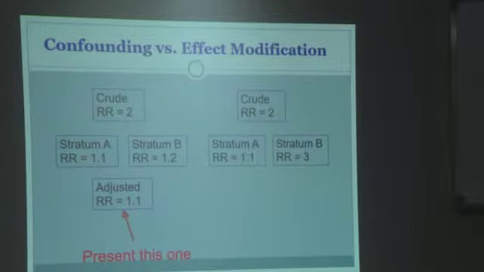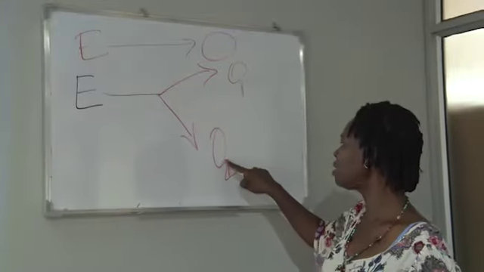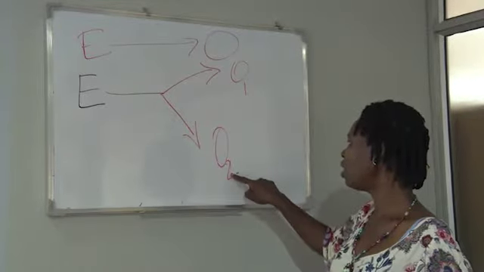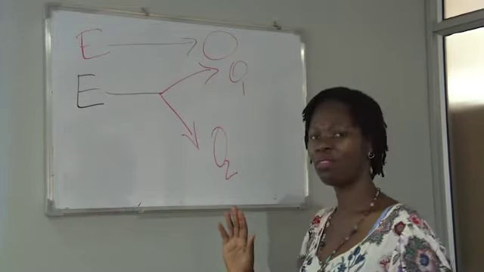Now, what about in the presence of effect measure modification? You do the crude, it is 2. You go down to the strata, the subgroups. Remember, effect modification, we say, is a split effect. The effect is split into 2 different effects. In other words, there is no homogeneity, there is no similarity of effect. That is why we refer to it as effect modification, effect change, if I may borrow that word.